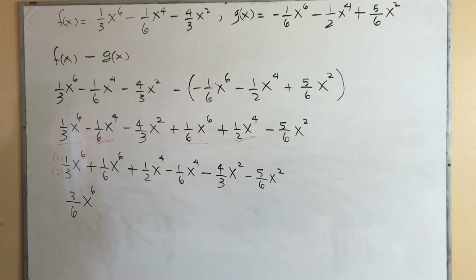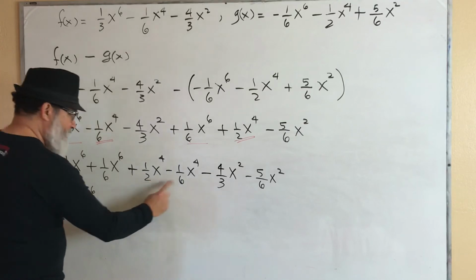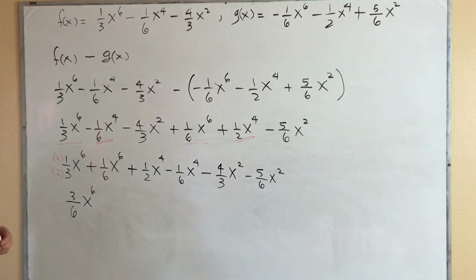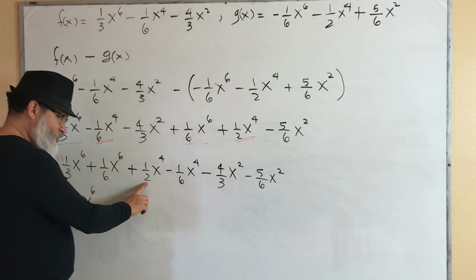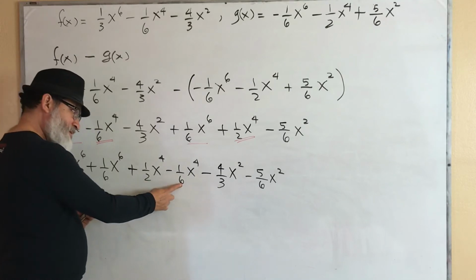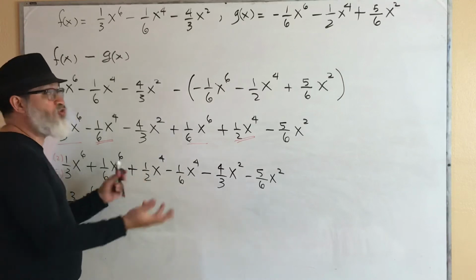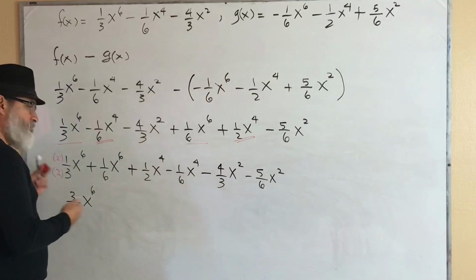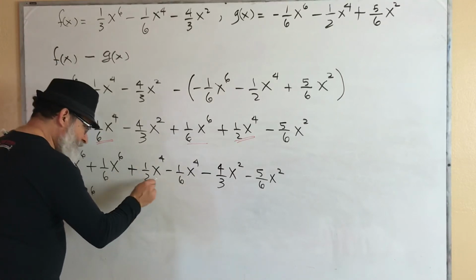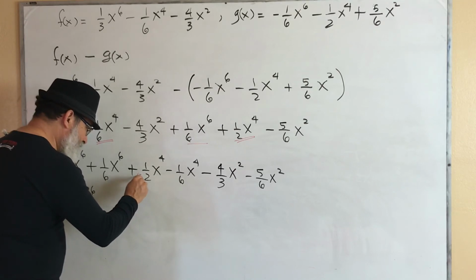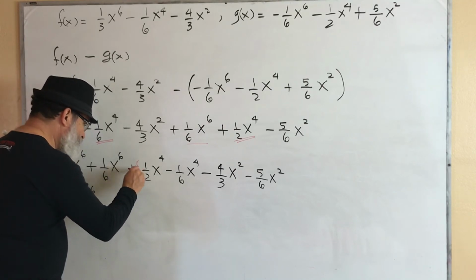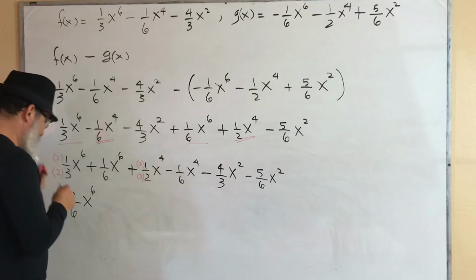Oh, there's another one. Combine those two. So this one needs to become a 6, because if it does not become a 6, you cannot add or subtract. No problem. That's an easy one. To become a 6, this needs to be multiplied by 3, and this needs to be multiplied by 3.